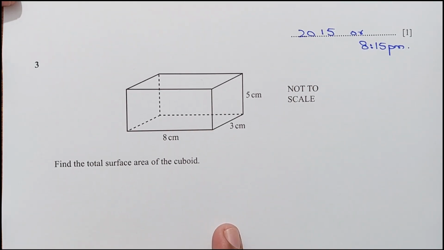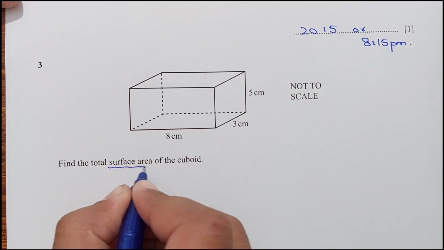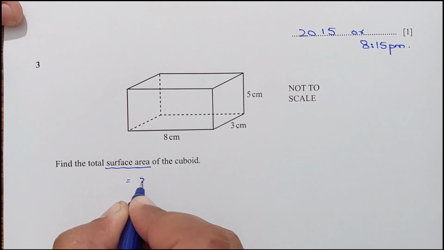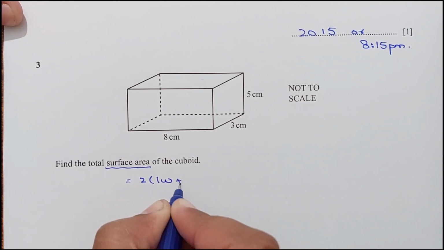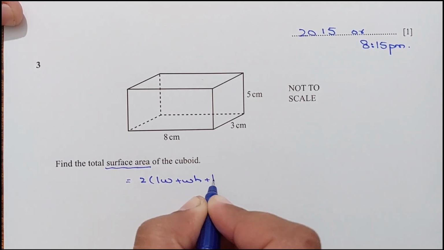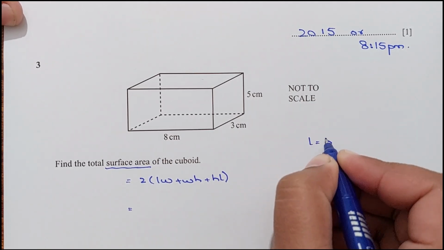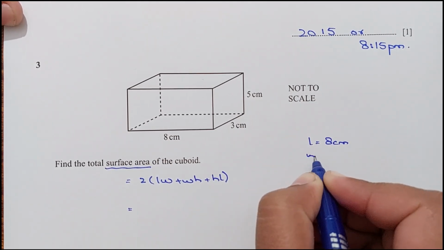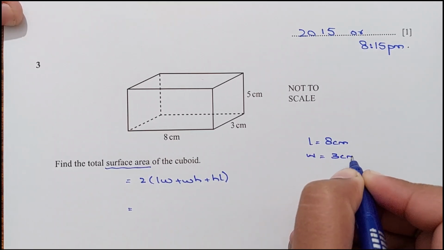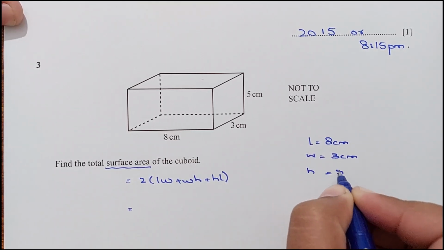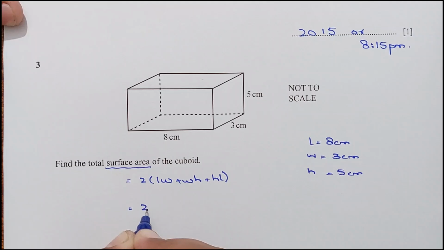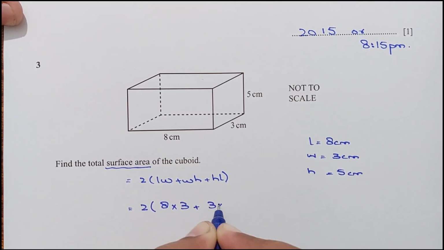Question number 3, find the total surface area of a cuboid. The formula for surface area of a cuboid is 2 times length times width plus width times height plus height times length. Say the length is 8 centimeters, width is 3 centimeters, and height is 5 centimeters. So 2 times (8 times 3 plus 3 times 5 plus 5 times 8).